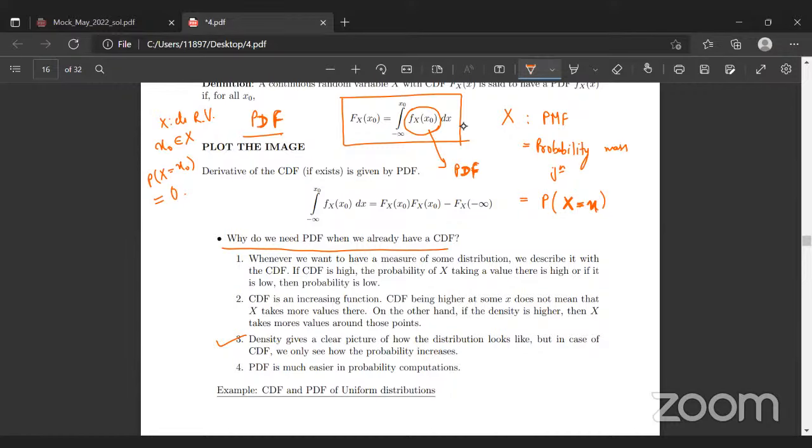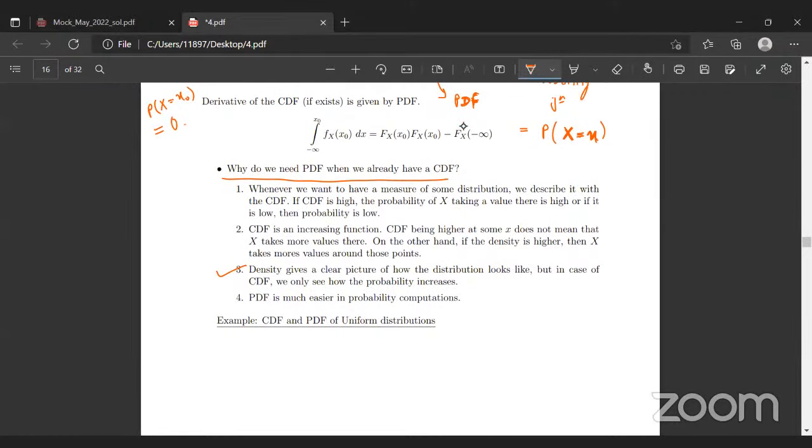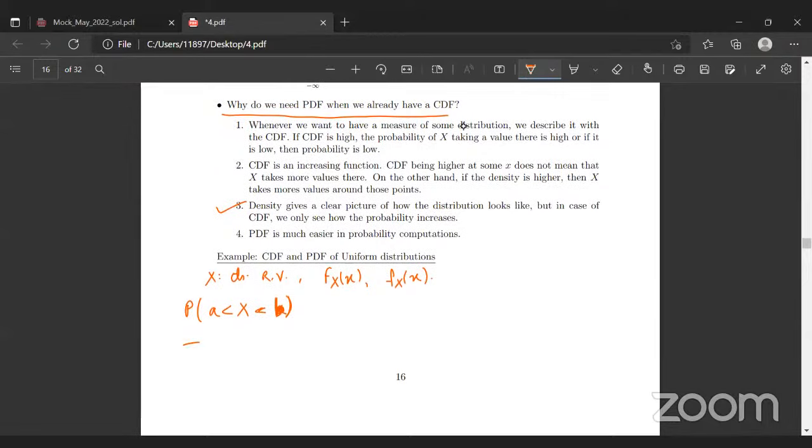So let's say I want to find the probability that X lies in some interval A to B. Now, if you want to find this probability and you know that X is a continuous random variable, and let's say it has a CDF capital Fx of X and PDF small fx of X, this is nothing but to find the probability.